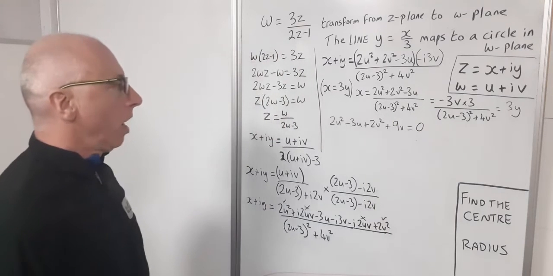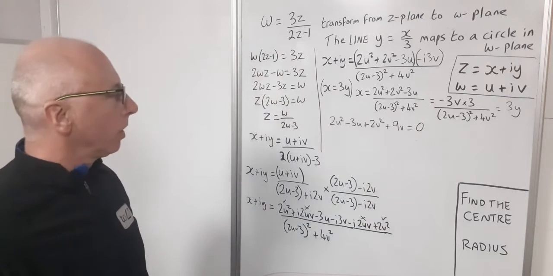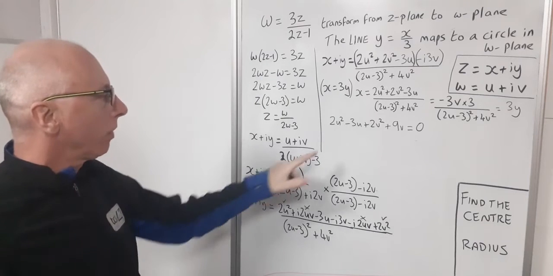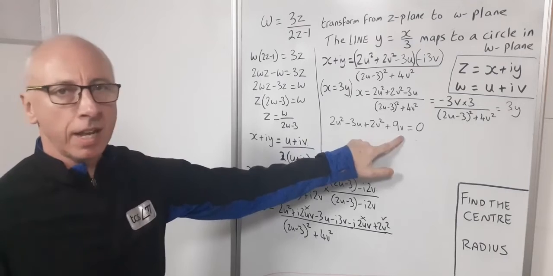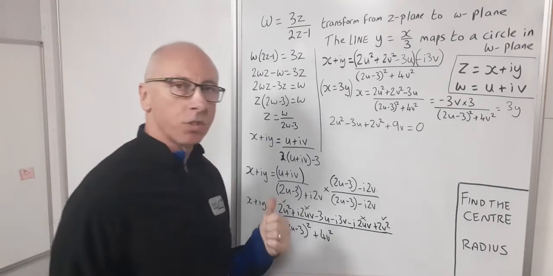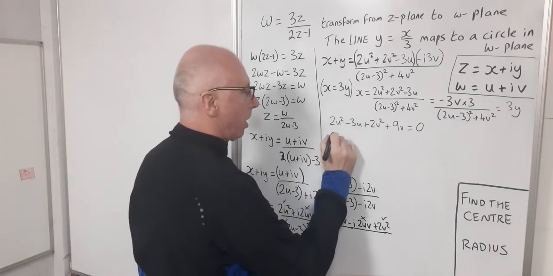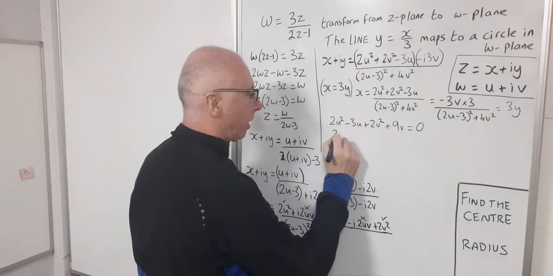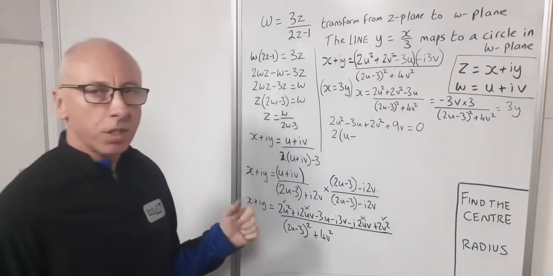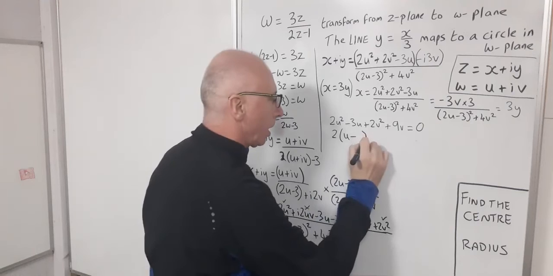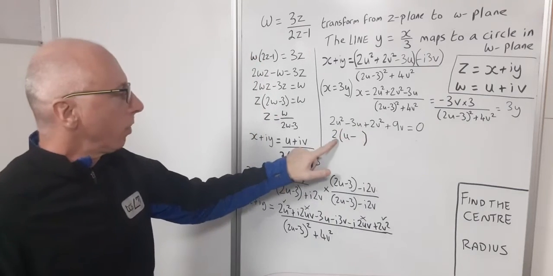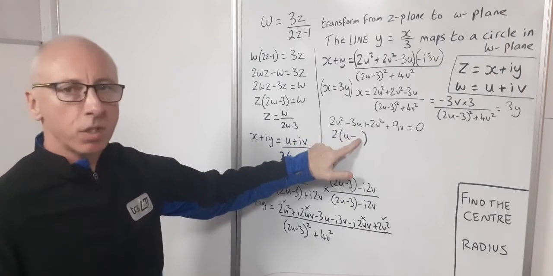Okay, right. Now what can we do to try and find the equation of a circle? Well, I've got my u's together and my v's together. That was my technique there to try and make it easier for myself. So I'm going to try and find squares in there now. If I take the 2 from the u squared, and then I write u minus, now I want to turn this into a square. I've got to put something in here representing the 3u. Now I've already taken a 2 out, so I'd have 3 over 2.